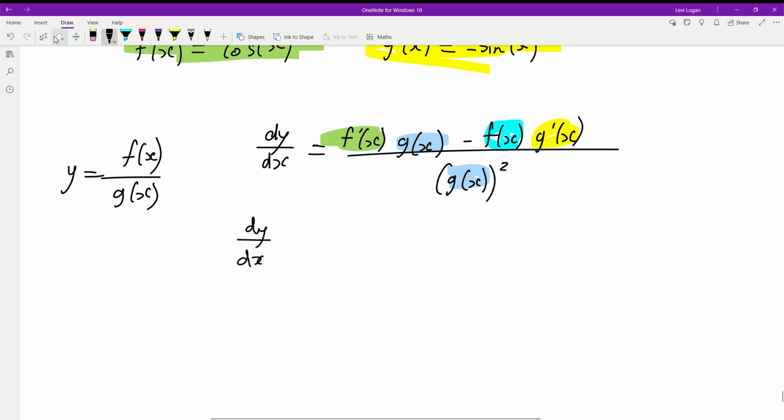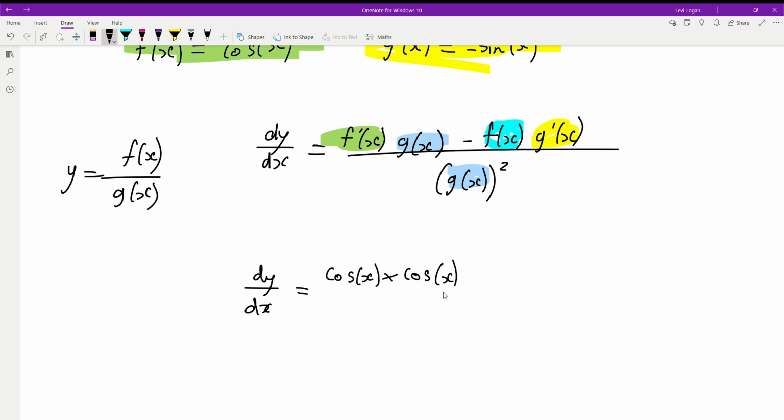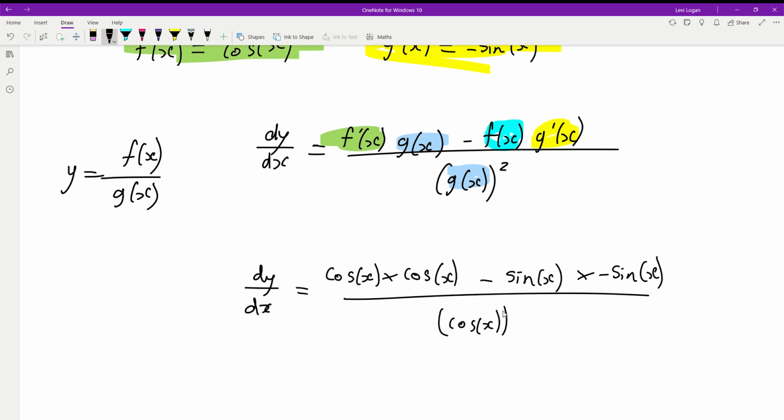Actually, let's move that down just a little bit. So dy/dx is going to be cos x times cos x minus f(x), which is what? sin x. sin x times minus sin x, all on g(x), which is cos x, so cos x all squared.